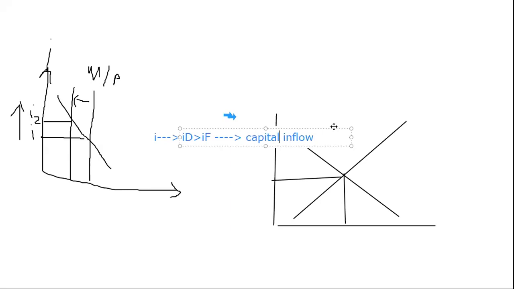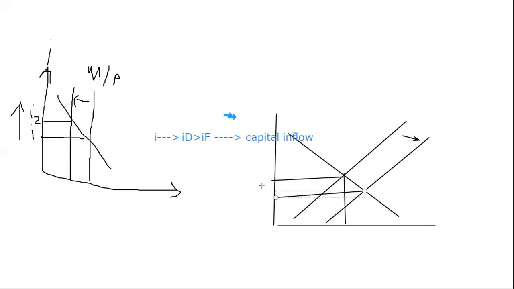Normally, when there is a capital inflow, our foreign exchange supply will go up, right? Accordingly, it will result in an appreciation in the foreign exchange. That means the exchange rate is going down.